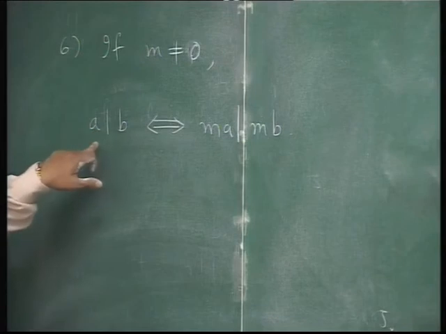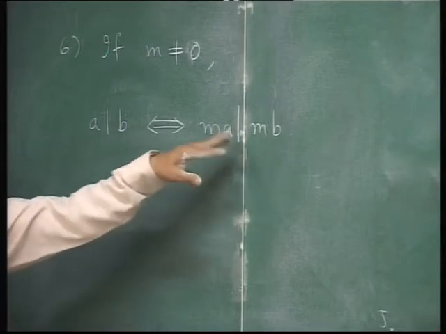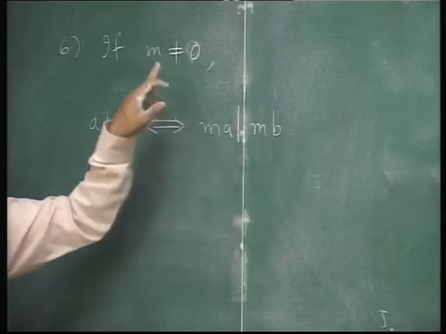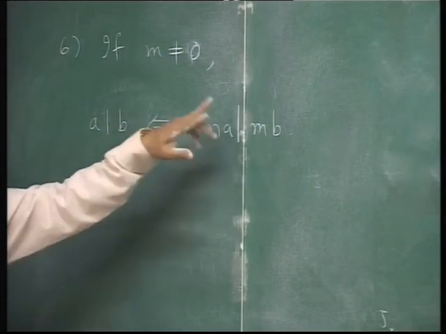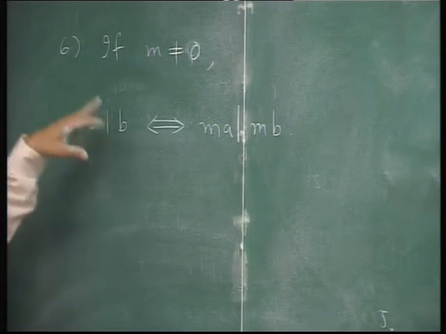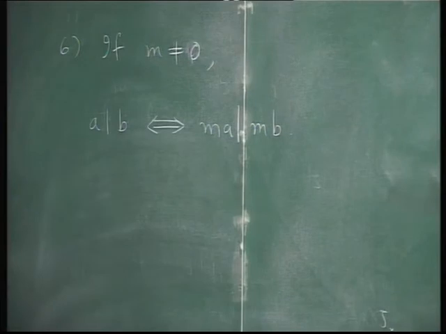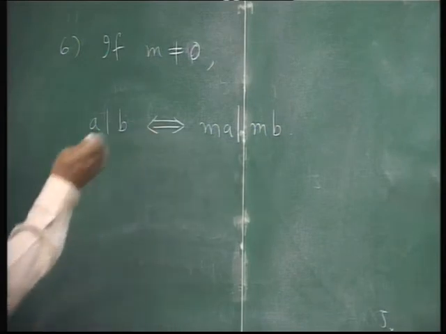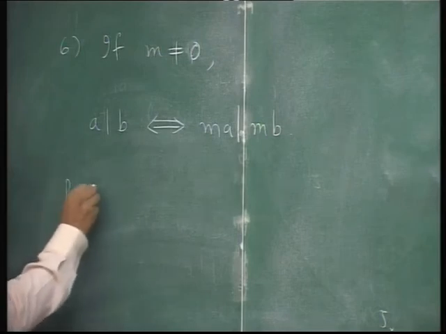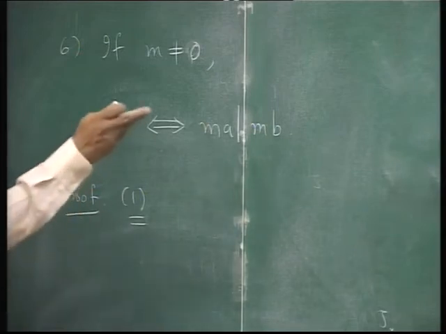So a divides b, you can multiply by m and get this. If ma divides mb and m is not equal to 0, you can cancel m and get a divides b. That is what this property says. All these properties can be proved easily using the definition. For example, let me just look at the first property. Suppose a divides b.